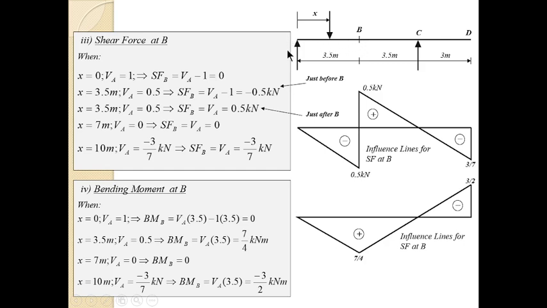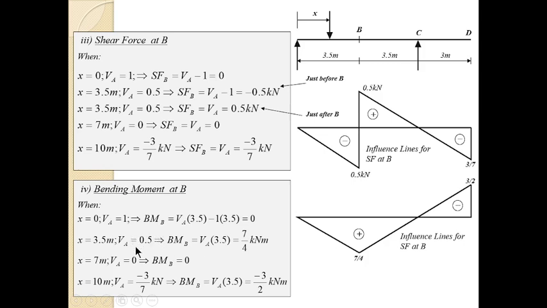So we will only have one force to the left of B, which is the reaction. And so at that point, bending moment at B will be VA multiplied by the perpendicular distance, which is this. This is VA, this is the perpendicular distance, and VA is what?